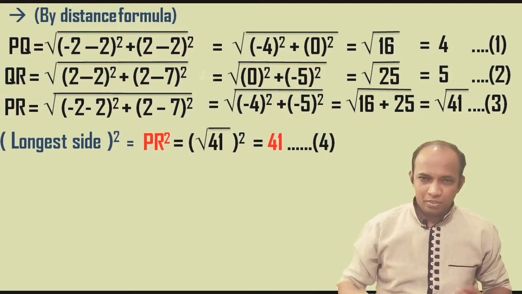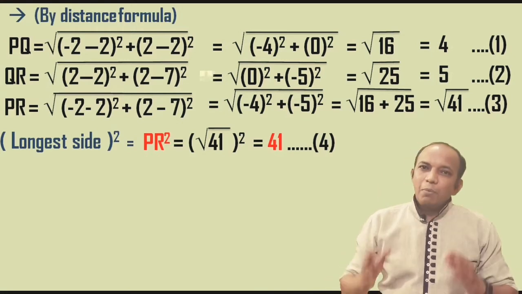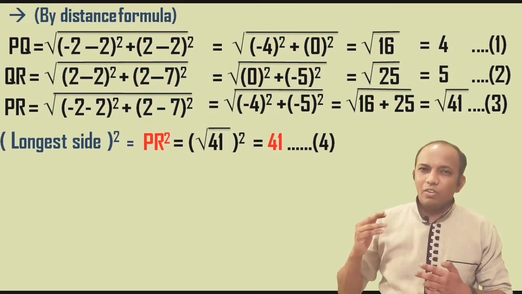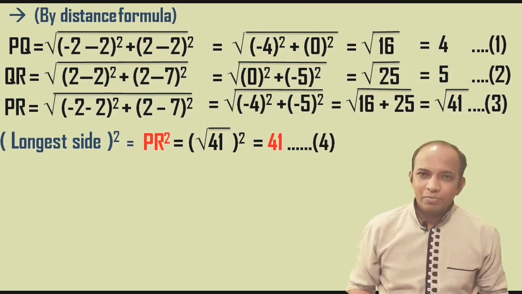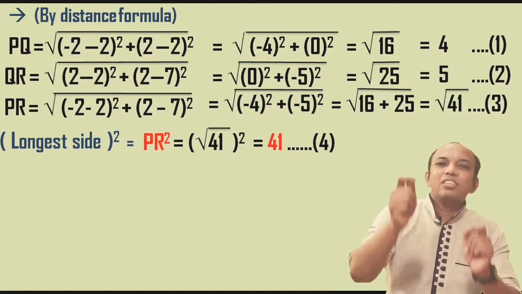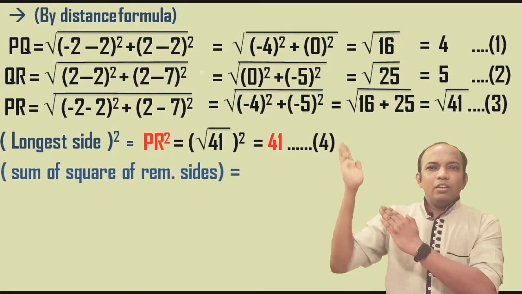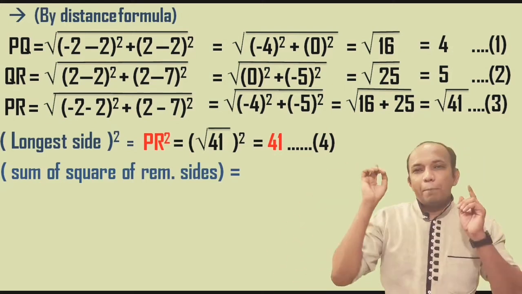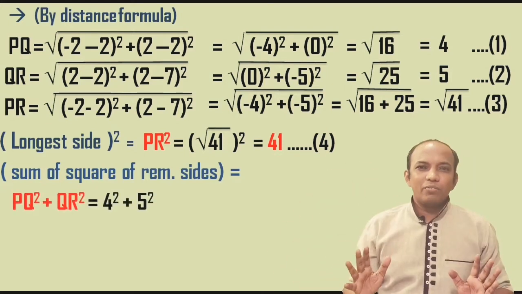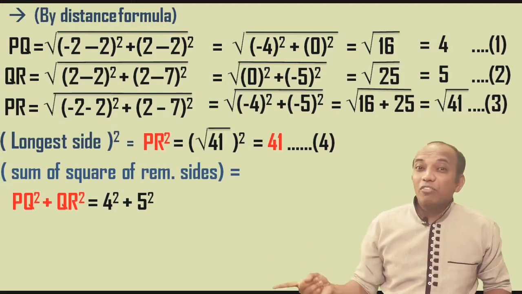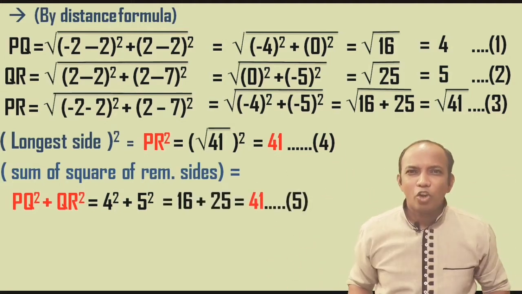So number it 4. Now the next step: after finding PR as the longer side, we are left with 2 more sides, right? So we have to do the squaring and then the sum of those 2 sides. The sum of squares of the remaining 2 sides is PQ square plus QR square, that gives us 4 square plus 5 square, 16 plus 25, and that results in 41.